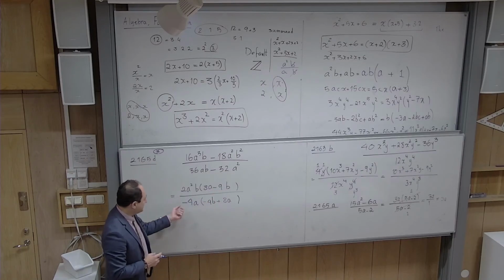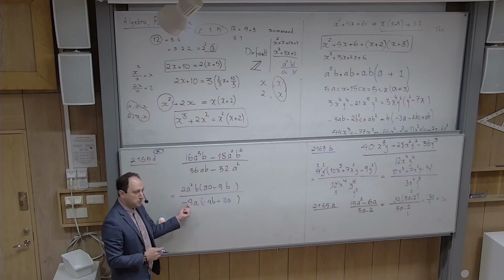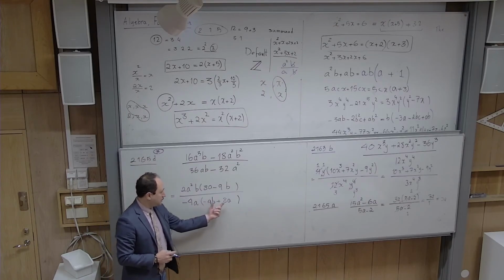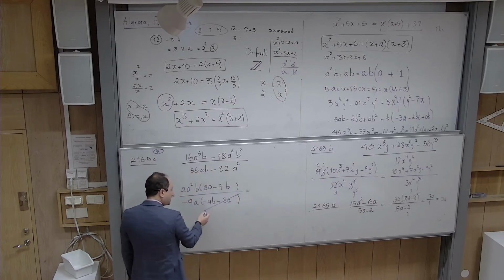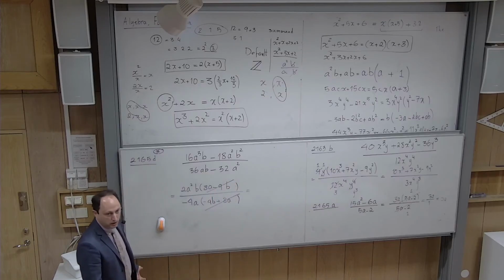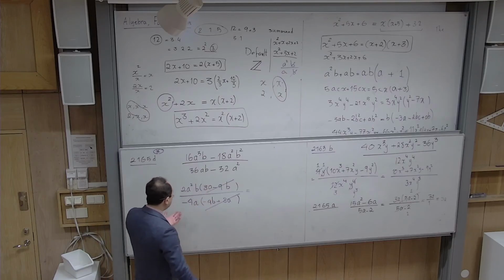So by this trick, sometimes we just pull a minus sign extra whenever this is happening. And now, if I continue simplification, this expression can be completely cancelled out with this expression because they are exactly identical now. And they are common factors. And the same for the rest of the story.